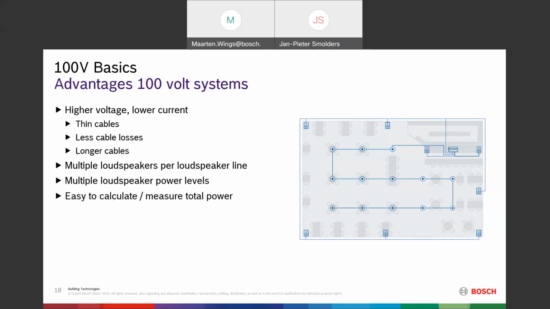It's just adding it all up, or making a measurement of the total power that is connected, compared to a low impedance loudspeaker. This is really easy. Easy to install and expand, like I just said. So the installation costs are quite low compared to a low impedance installation.